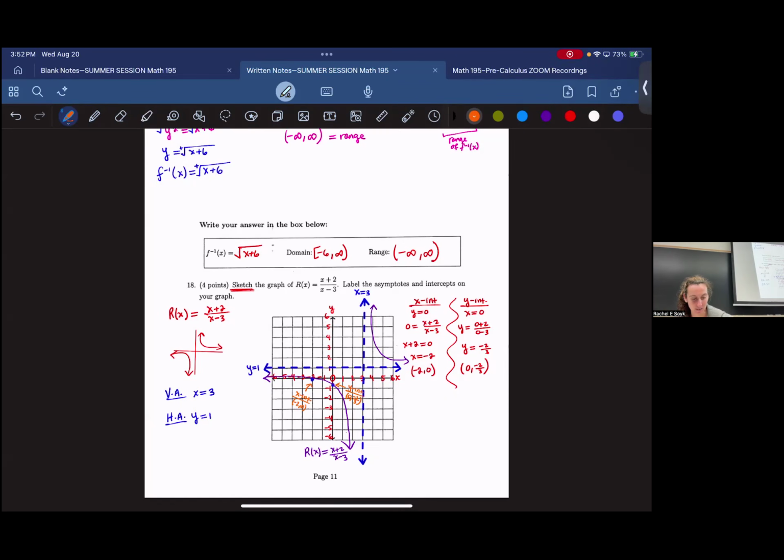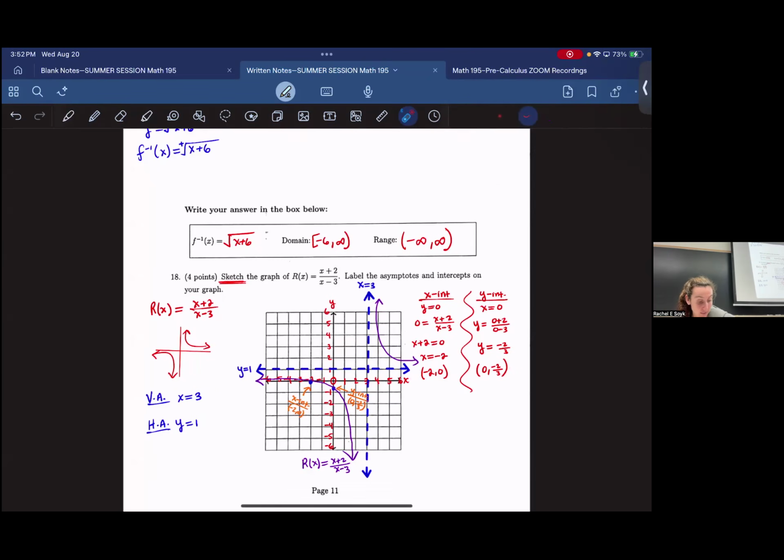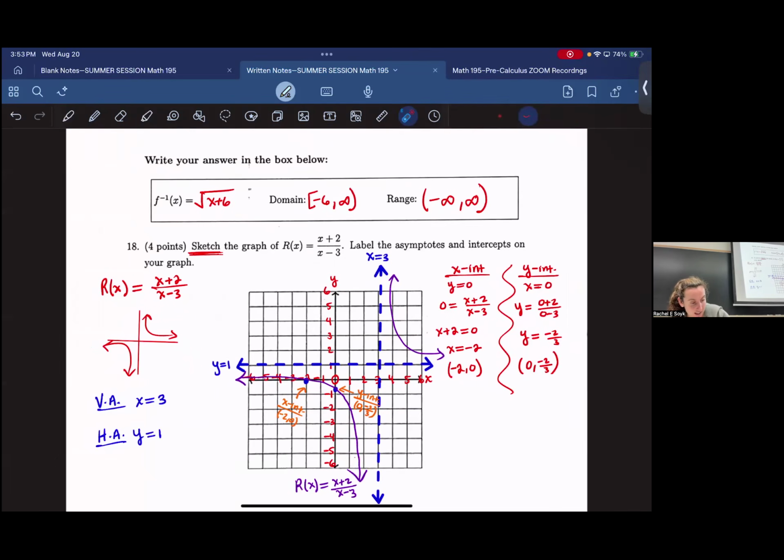You can pick something like x equals 4 and then plug it in. Yes, you can. If you put x equals 4, then you get 4 plus 2, which is 6 over 1, and you can plug that in. Yes, definitely, I recommend doing that.